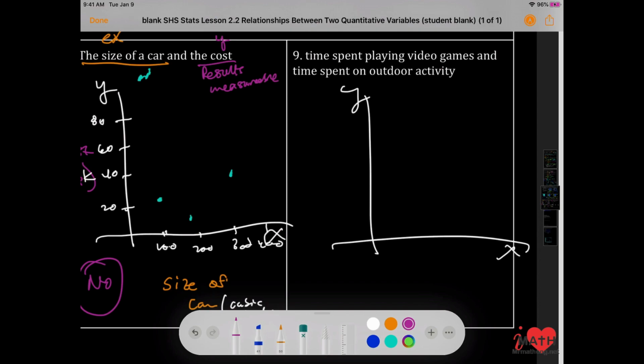So let's just say this is explaining the time spent outdoors. And this is your video game time.